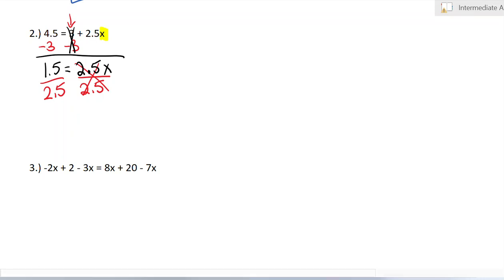This will cancel out. Now, I have 1.5 over 2.5, and we talked about this earlier. We don't want to have decimals within fractions. So I can move the decimal over 1 by multiplying both the numerator and the denominator by 10. So 15 over 25. And then reduce that. We always want to reduce.